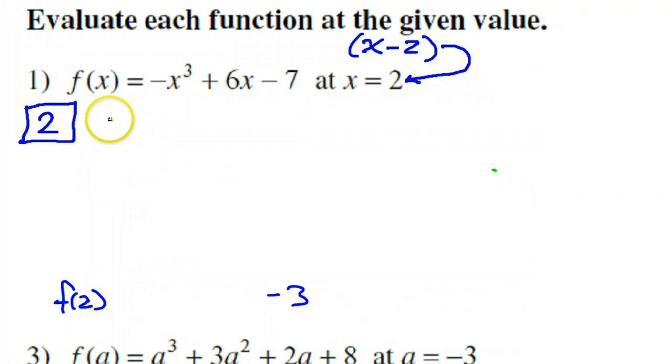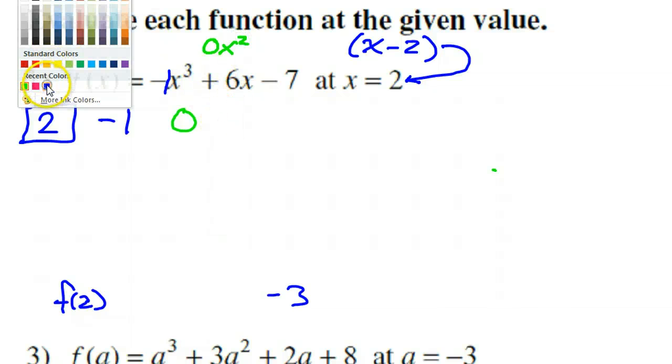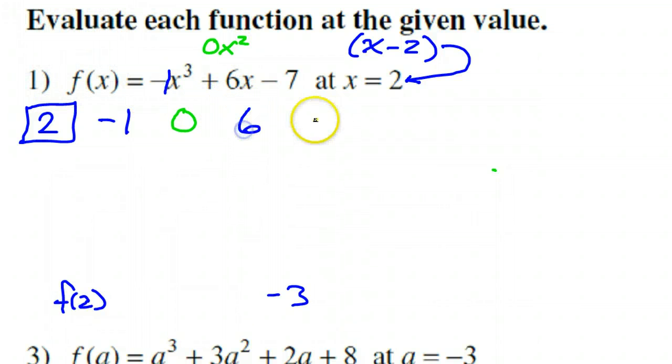And then the coefficients. We've got the negative 1 from the x to the third power. The x squared term is missing, so we'll put a 0 there for our 0x squared. That's absent. And then we'll pick up again with the 6 and the negative 7.